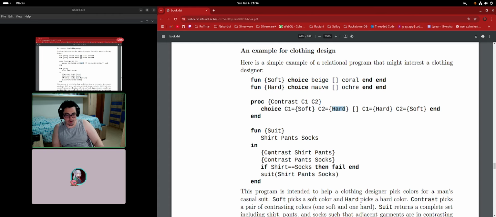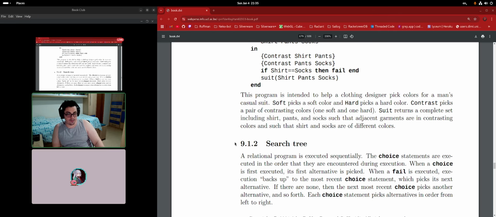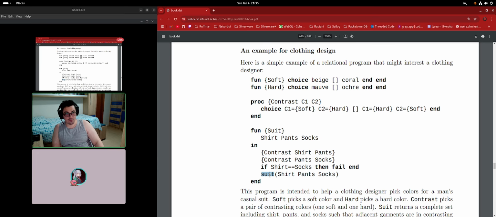Then you make a function calling contrast 2 times for shirt, pants, and socks. You check if the shirt is going to be equal to socks, because this is like a business thing, so you can fail. Otherwise, you just construct your suit. Pretty cool. That creates all the possible arrangements of suits available, given this combination.